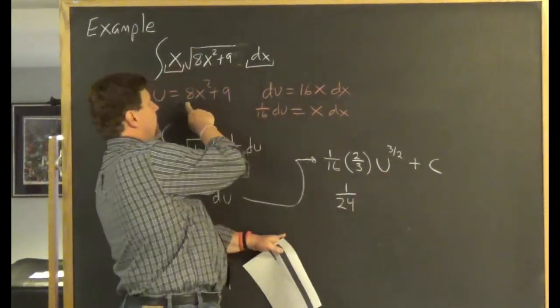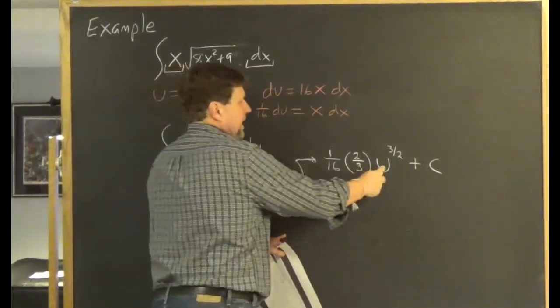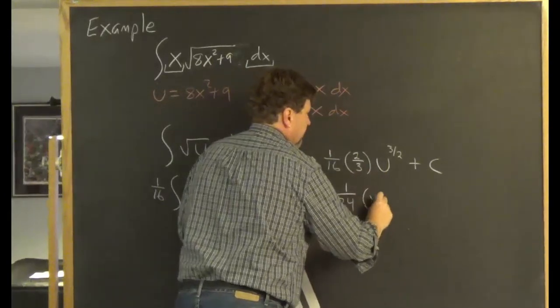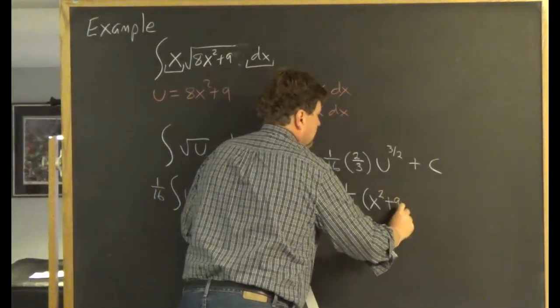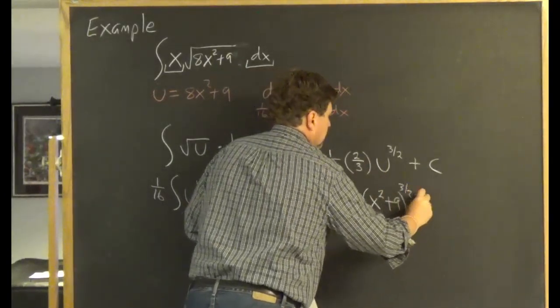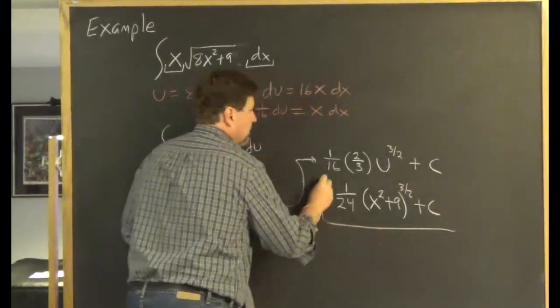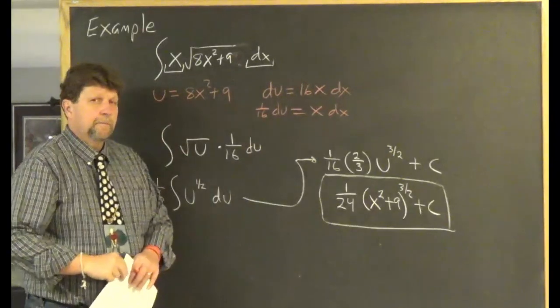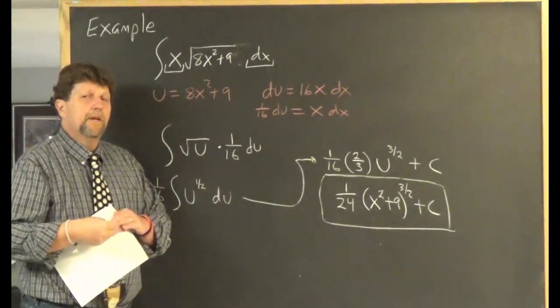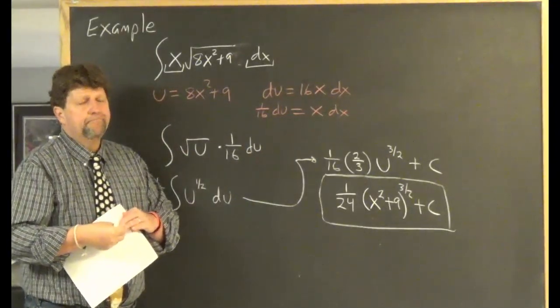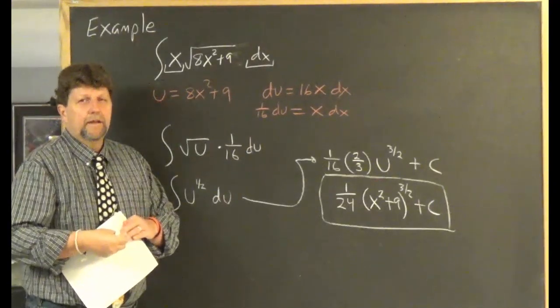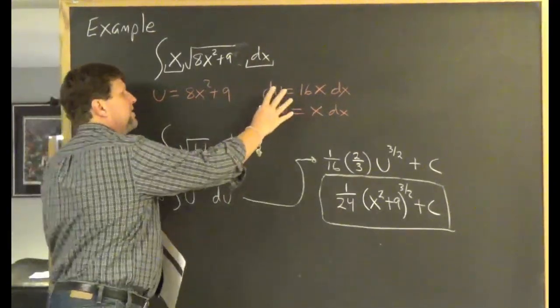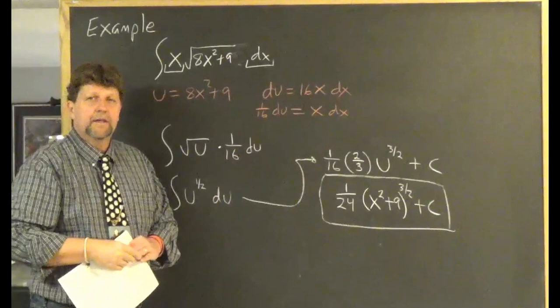Resubstitute my u statement. So I put x squared plus 9 back in here for u. And there we have it. So this is an example of what's going to happen frequently. You have to massage the du statement.